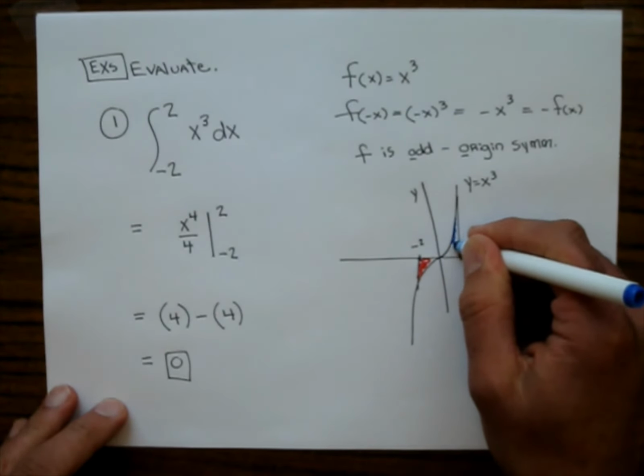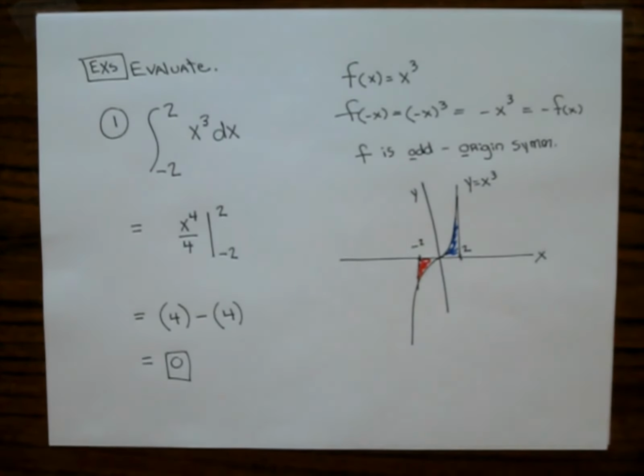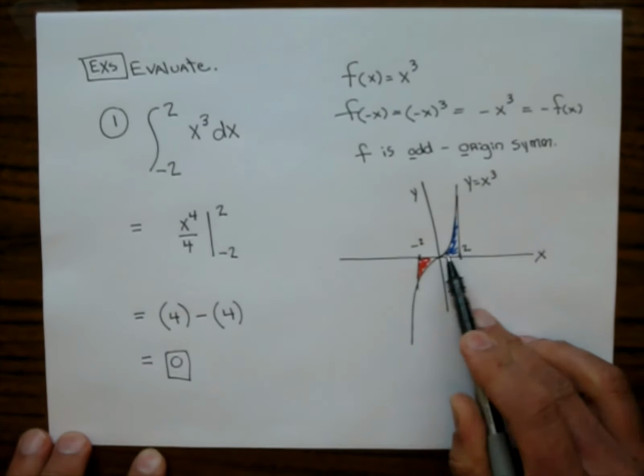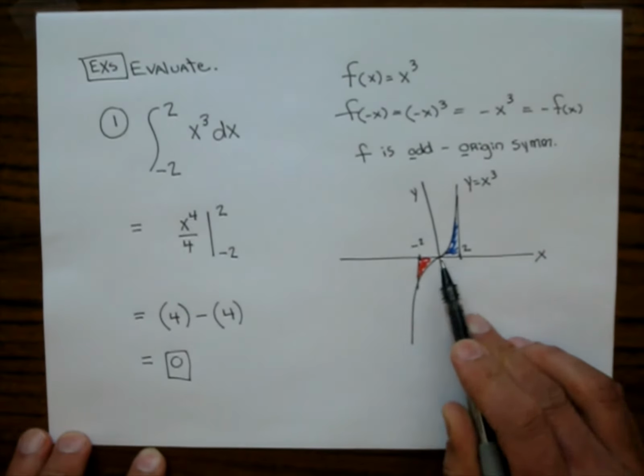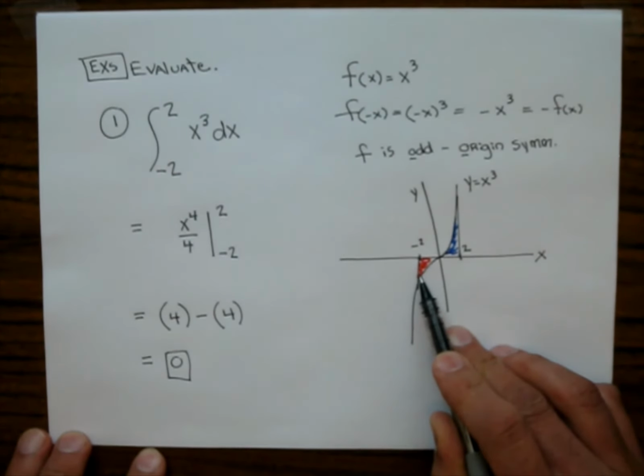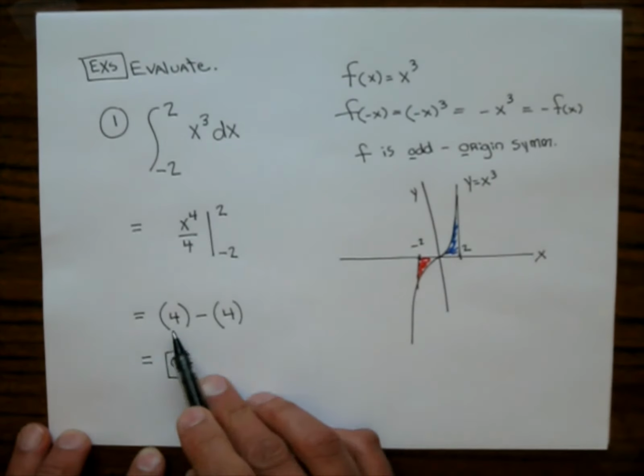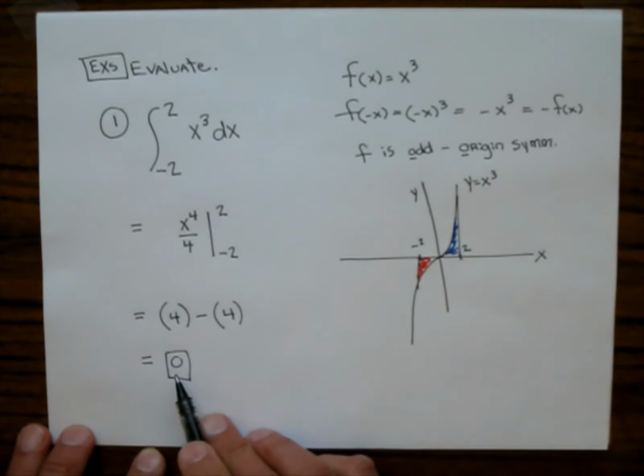And then this blue one has an area of 4 as well. And what happened to the red and the blue? I feel ashamed of this picture. It should be a little nicer. Those canceled out. The negative canceled out with the positive, and you ended up getting a net area of 0.